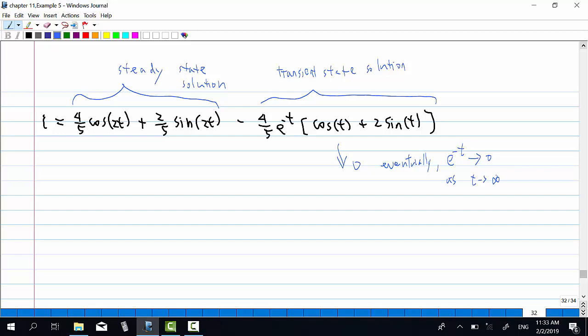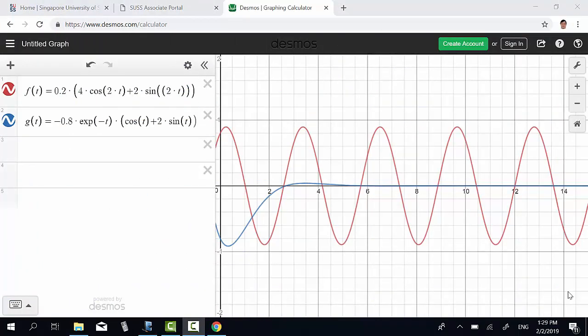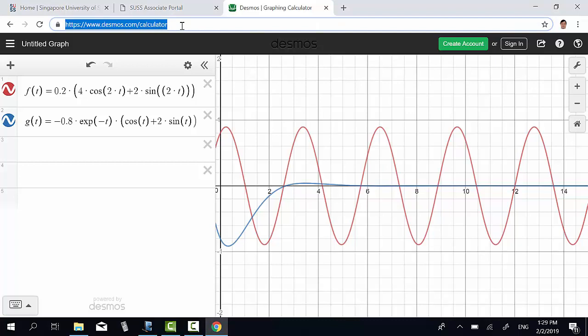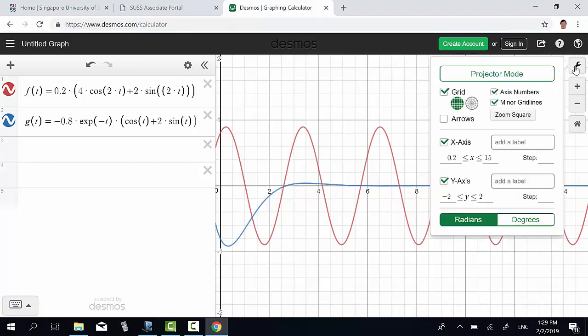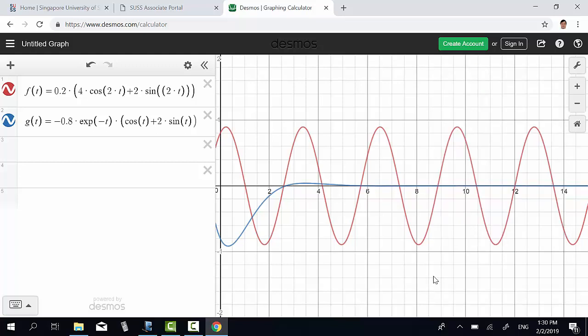We are using the graphing tool Desmos to demonstrate how the solution looks. This is an illustration using Desmos. You can look at the website and try it yourself. I have set the x-axis from minus 0.2 to 15, and the y-axis from minus 2 to 2, so that you can get a similar graph or a better graph yourself.